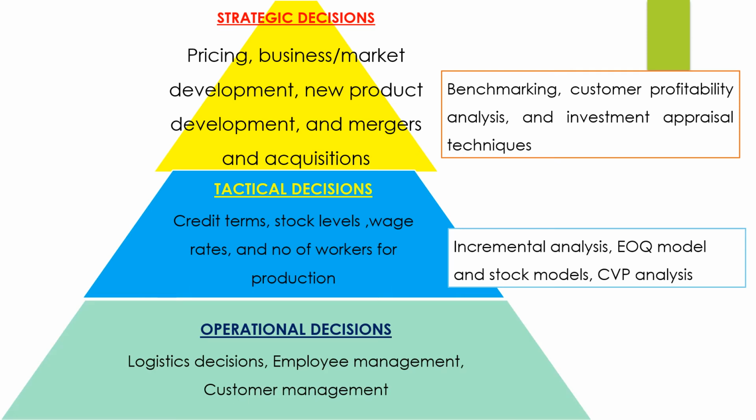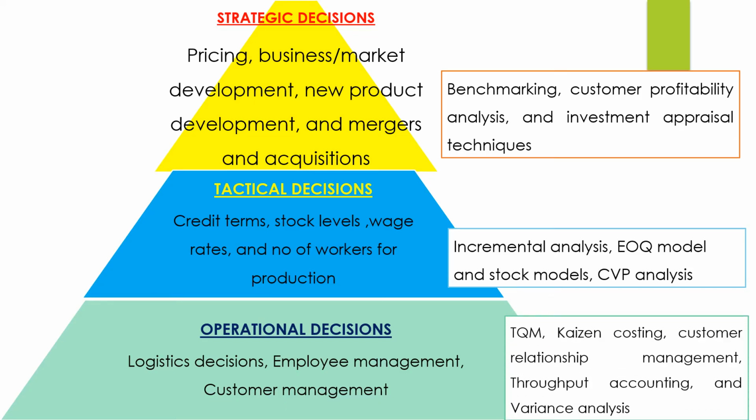Finally, at the operational level, they make operational decisions to increase the company's operational efficiency, including logistic decisions, employee management, as well as customer management. For these decisions, they can use TQM, Kaizen costing, customer relationship management, throughput accounting, as well as variance analysis.